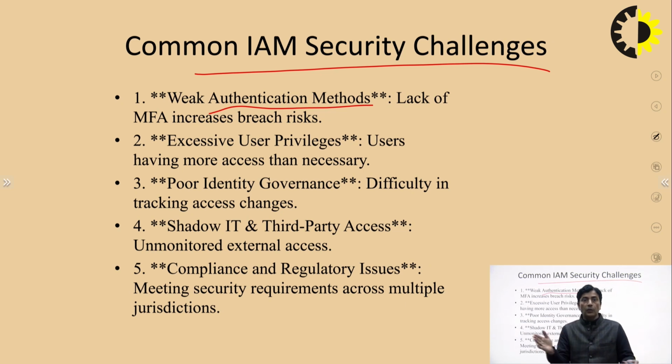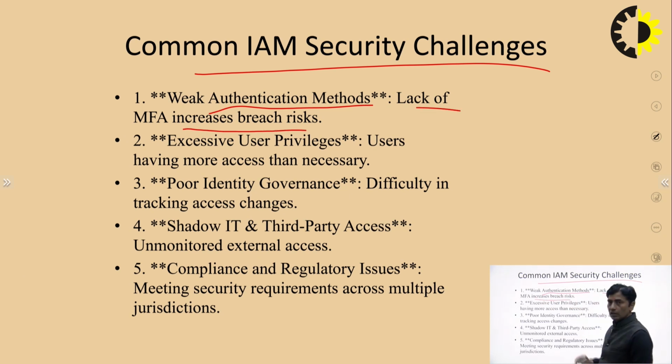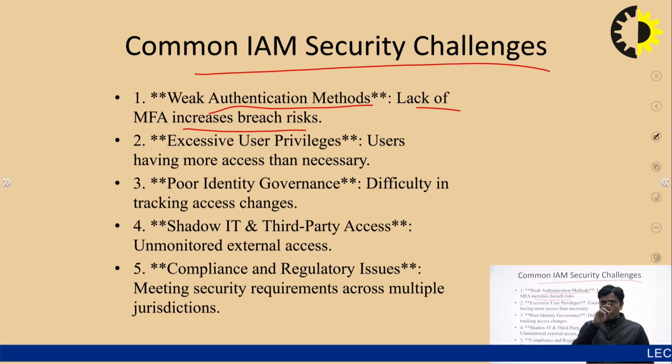These are the different ways by which you can strengthen it. Lack of MFA increases breach risk. Multi-factor means once you use the card, you again have to enter the password, and then perhaps insert some OTP. This is multi-factor.